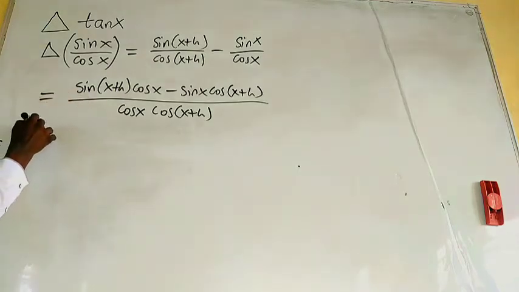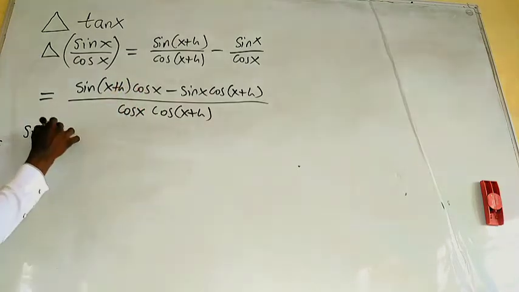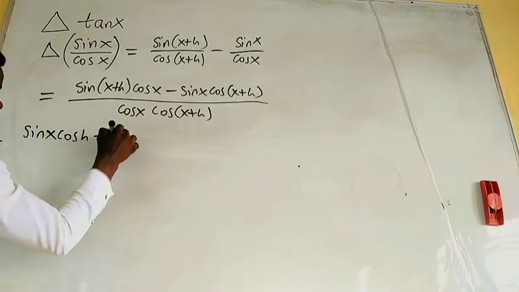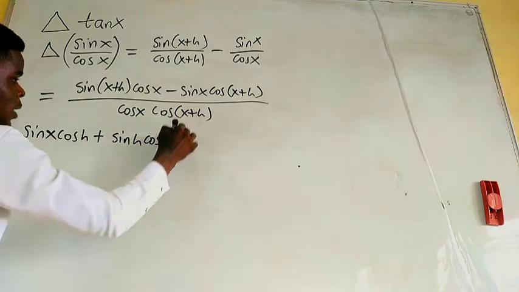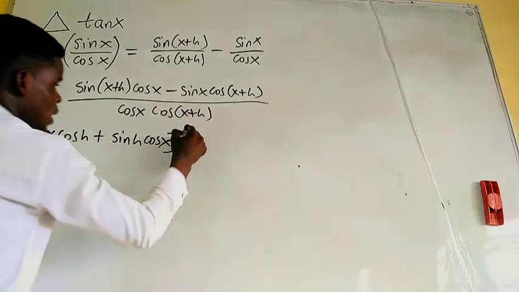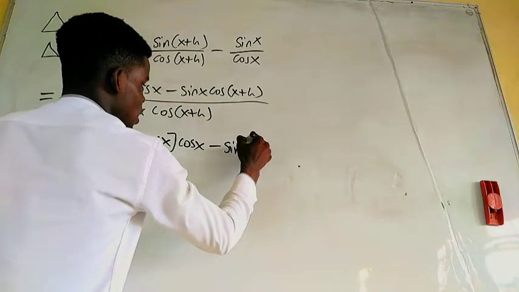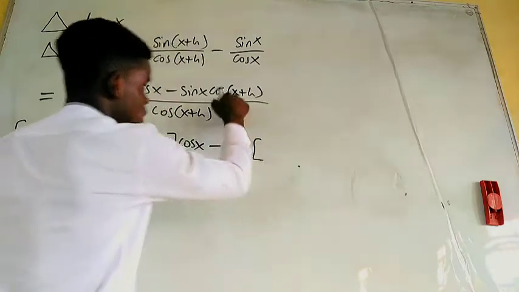Well, here from identity, I'm going to expand this. I'll have sine of x cosine of h plus sine of h cosine of x, alright? And I will still multiply that with cosine x. And again, on this side, I'll have sine x times, well, still the same thing, but this is for cosine.